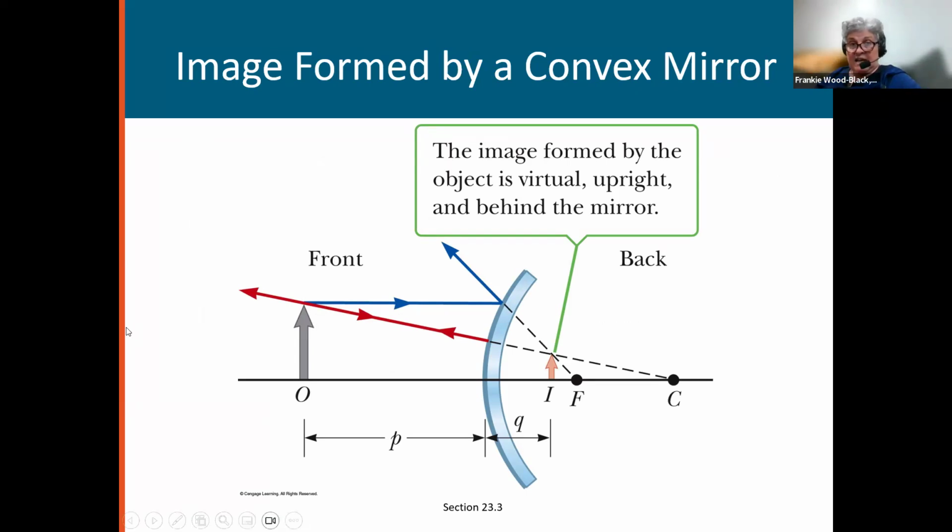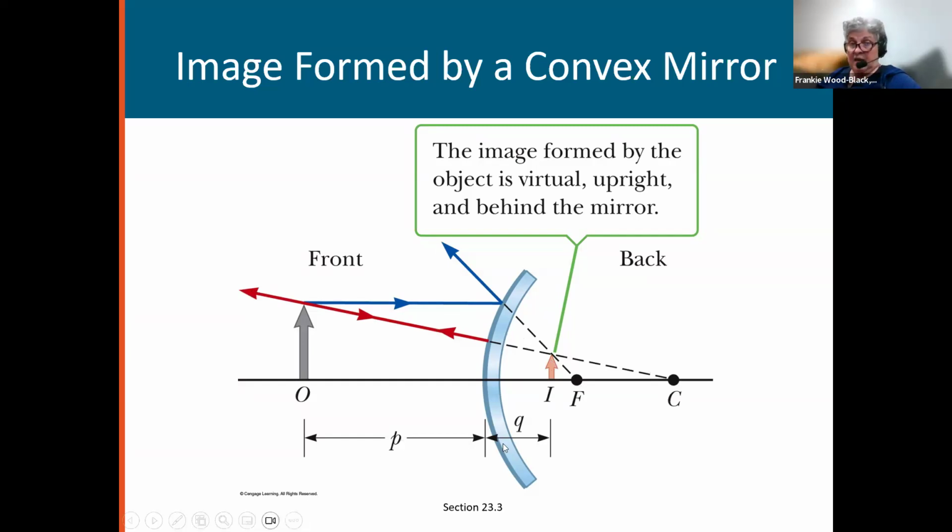So in this case, I can use my ray that goes back here, but now I'm going to use my focal point to help me with determining where my image is going to be. I still have where my ray comes in through my radius of curvature, and I can do that, but I will be able to show where my image is going to appear.